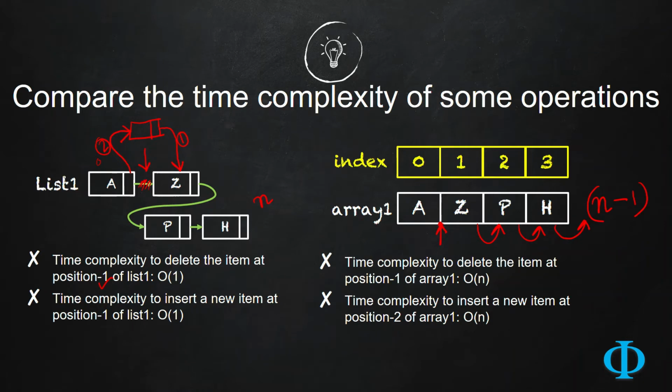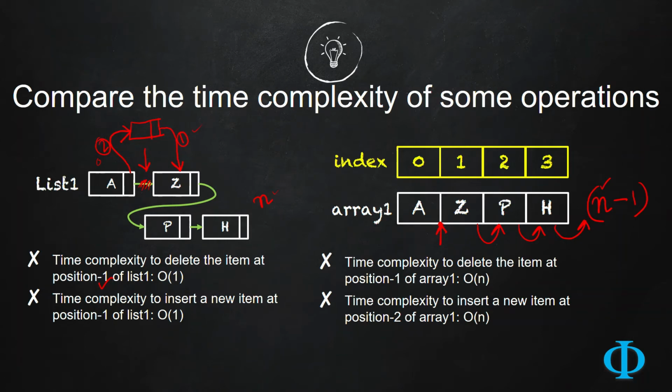So that is why the insertion operation is significantly more efficient compared to an array. Here it depends on the value of n, but here no matter what is the value of n, there are only 2 operations required. That is a constant number of steps.